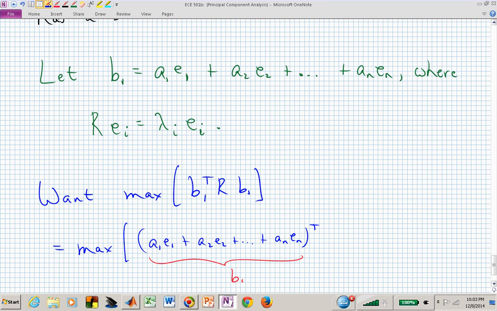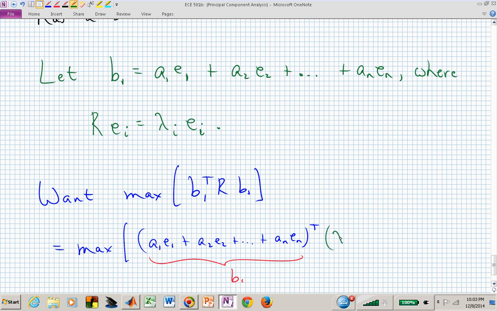Then we have R times b1, but R times b1 is R times this decomposition, which is R a1 e1, R a2 e2, etc. And those R e sub i's are this matrix or operator times its eigenvector, which equals lambda sub i e sub i.